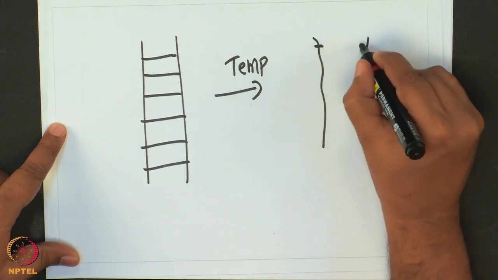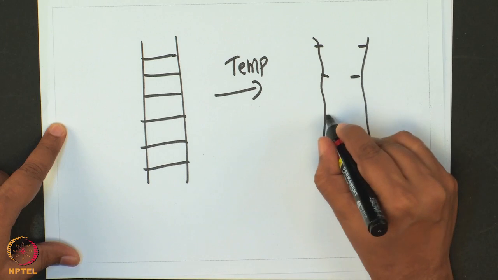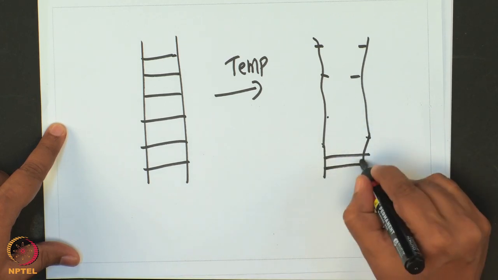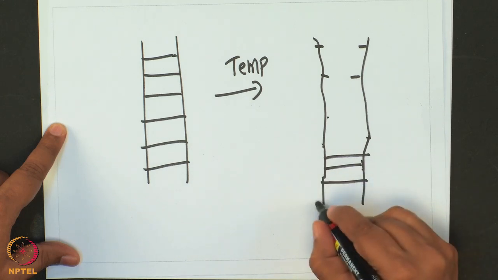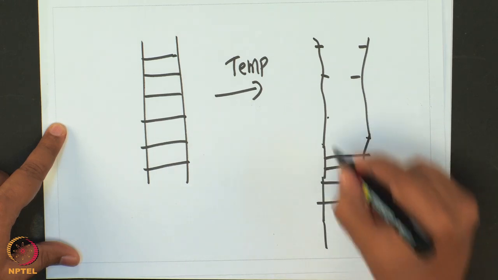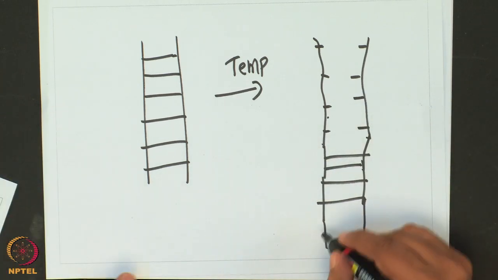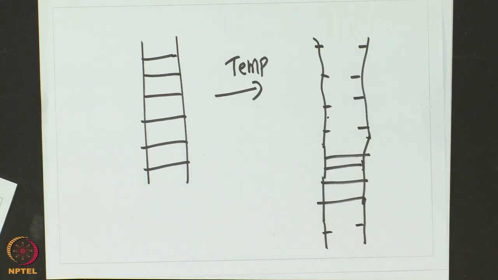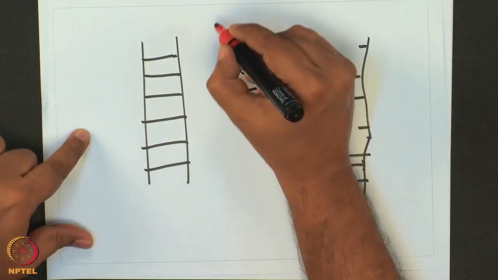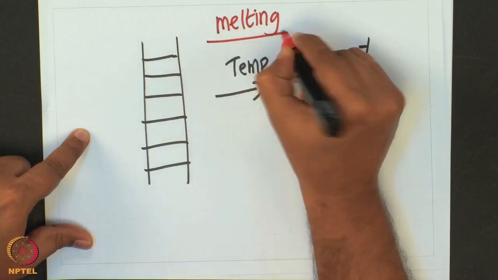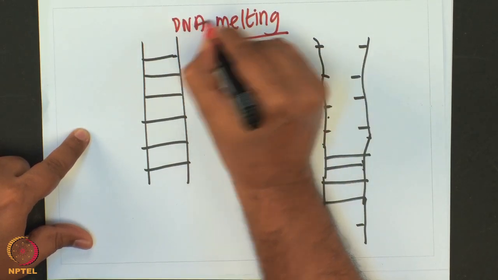That means these bonds will be broken, though of course not all the bonds need to break. Some bonds will be broken because of the finite temperature. So as the temperature increases, there is melting of DNA. This is sometimes called DNA melting.